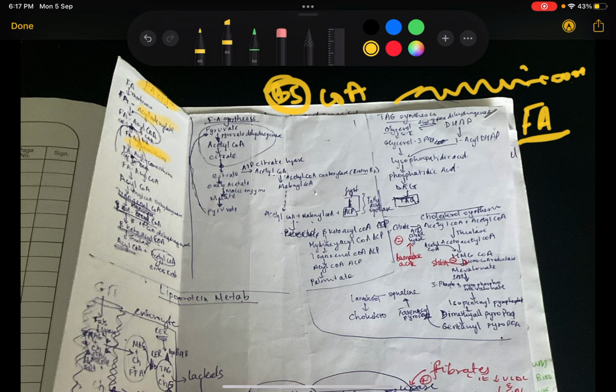So acyl carnitine is a transporter protein that is one of the most important steps when it brings the fatty acid into the mitochondria.